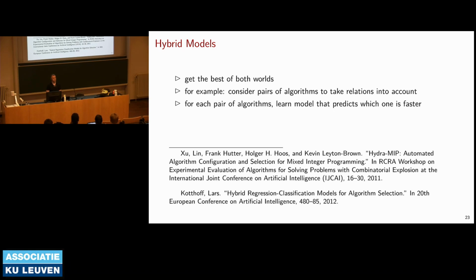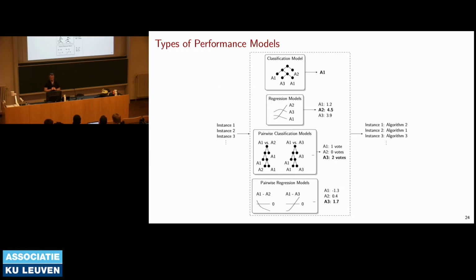In particular, what we're really interested in, the actual performance of an algorithm doesn't matter that much. What really matters is the relative performance compared to the rest of the portfolio. So here we're making that explicit. But of course, then we also, unfortunately, need to maintain and run and train more models here. But this is an approach that tends to do quite well in practice.